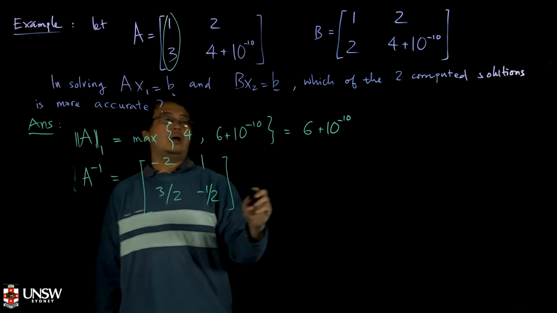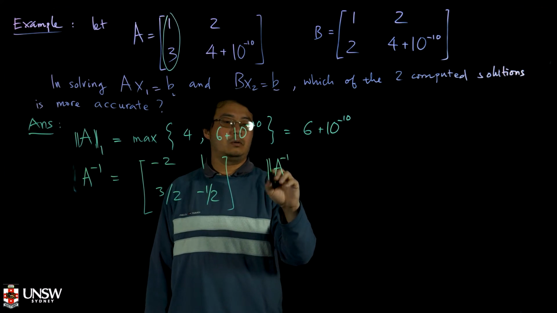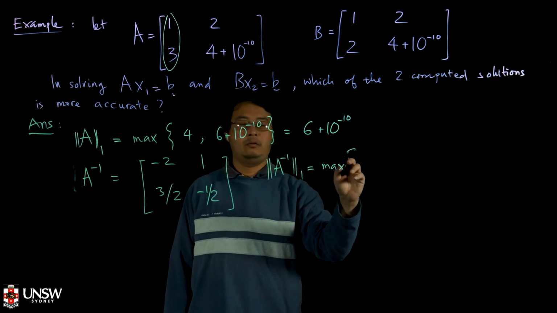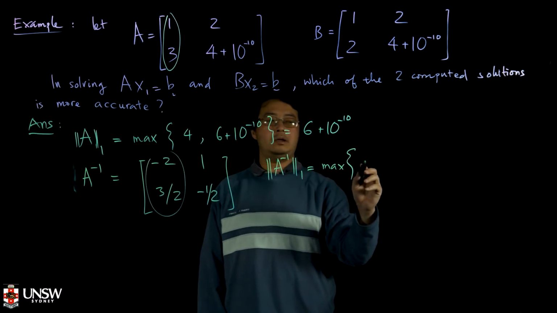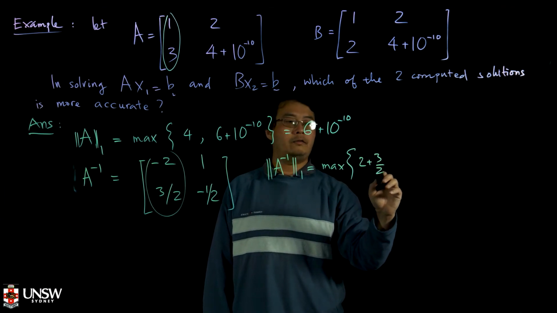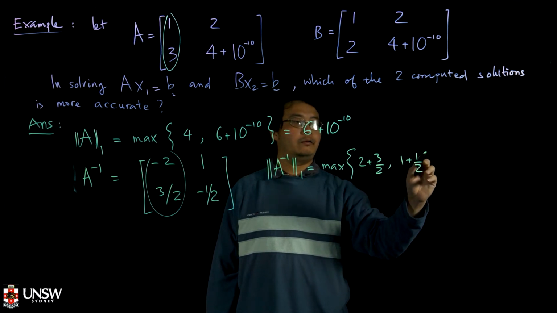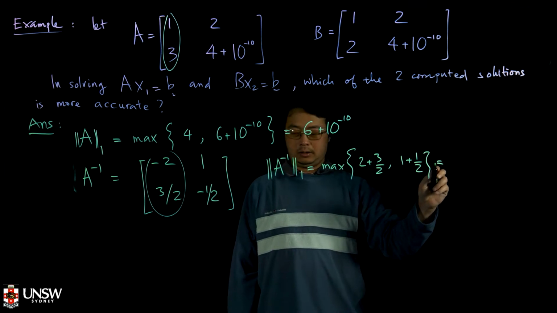And so the one norm of A inverse will be the max of the first column sum in absolute value, which is 2 plus 3 half, and the second one, which is 1 plus 1 half, and the maximal value will be 7 half.